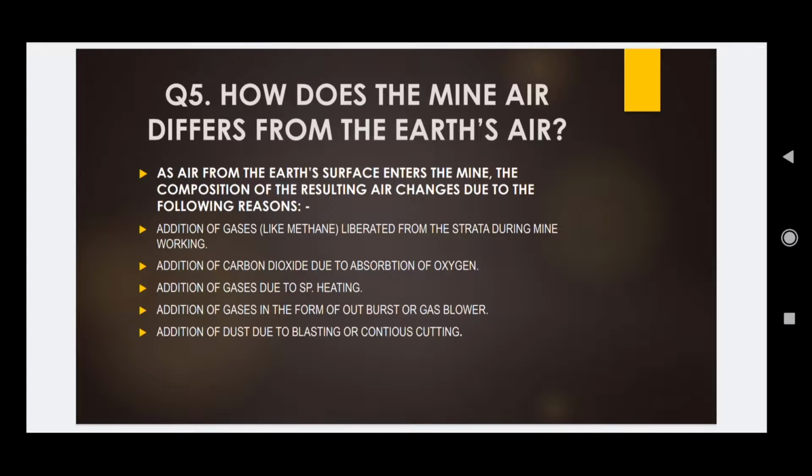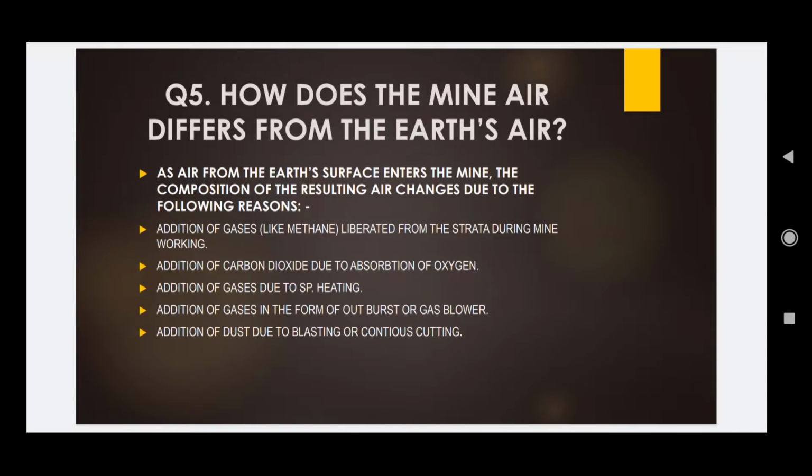The second point is absorption of oxygen. We all know that human beings work in the mine, machines do their work, and the flame safety lamp burns. Apart from this, there is some heating and so on. All these involve absorption of oxygen, due to which carbon dioxide is released and added to the mine air.